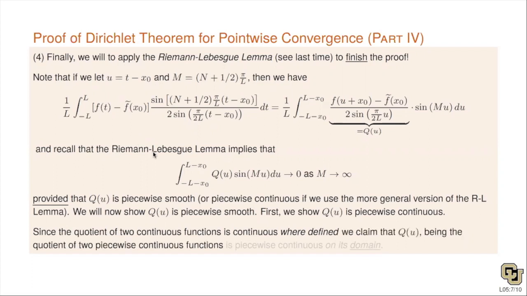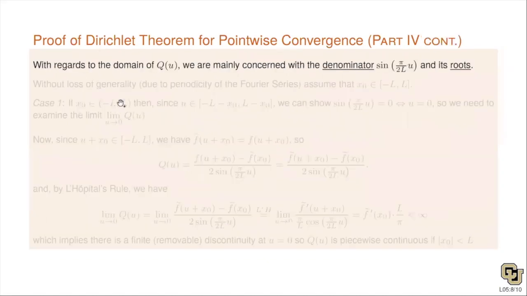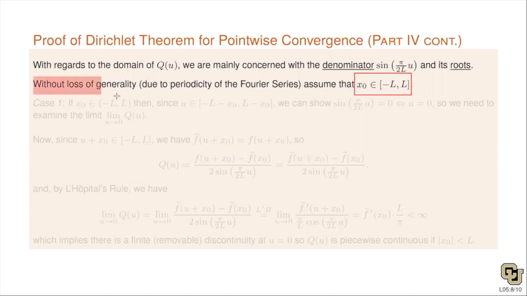And here, with quotient functions, in general, quotients of continuous functions are continuous on their domains. So here again, I just want to check what's happening at the roots of the denominator for the Q of U function. I've broken this up into 2 cases. First, I want to restrict my vision to the closed interval minus capital L to L, and justifying this result, I say without loss of generality.